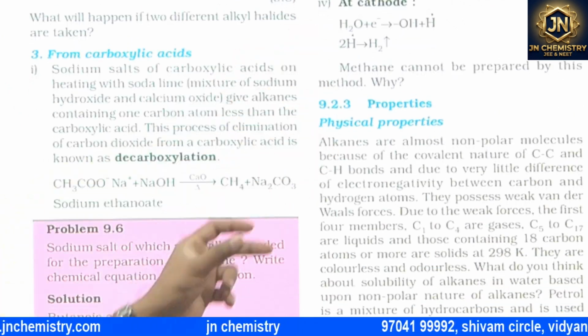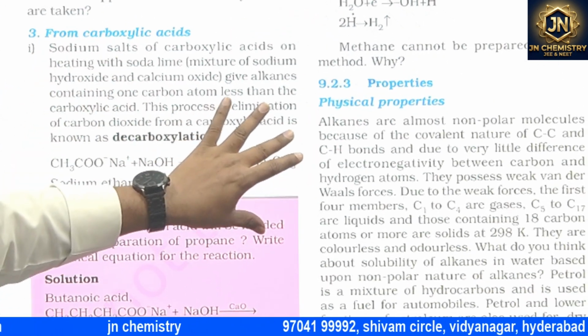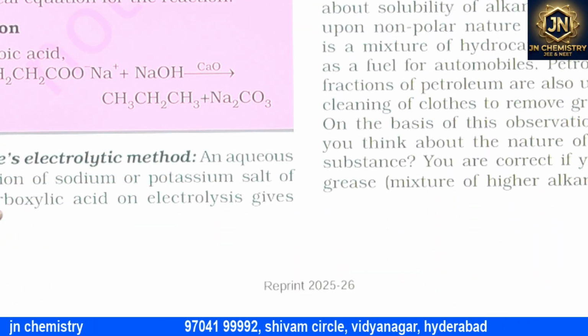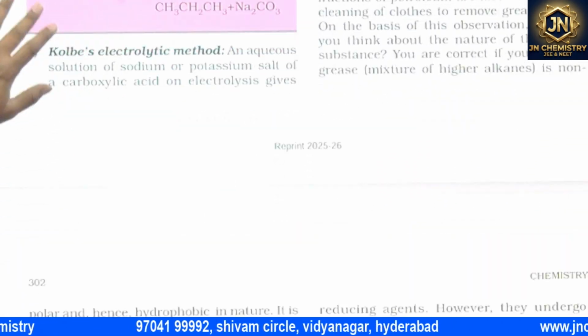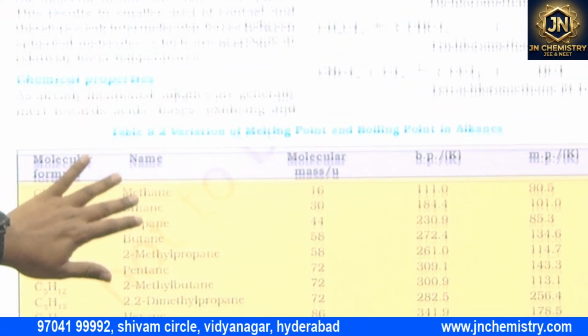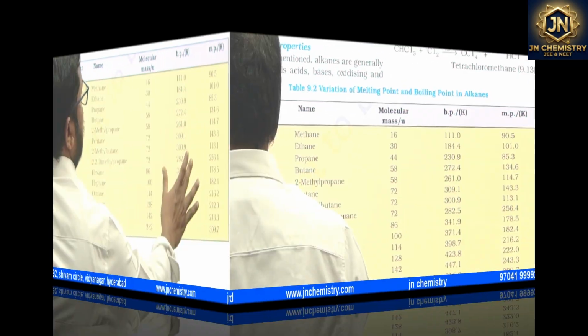In Kolbe electrolysis only some examples are there, but I already told you how we need to do it. Substitution reaction, halogenation, and alkane melting points. I told you, even number of alkanes, right?